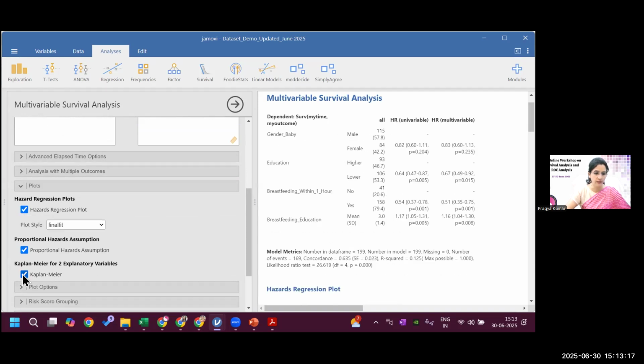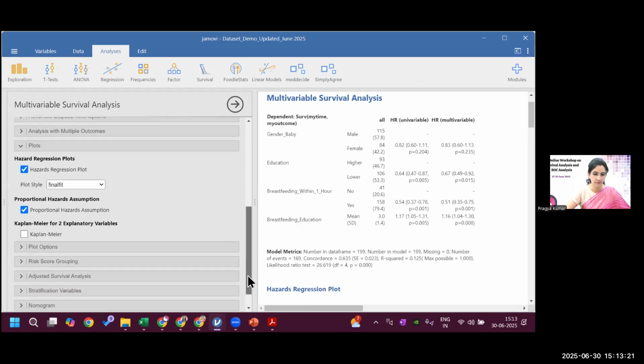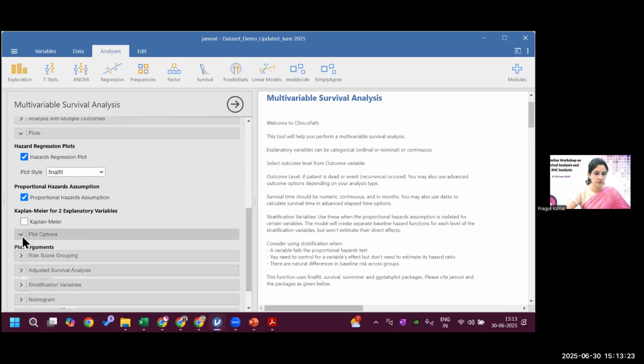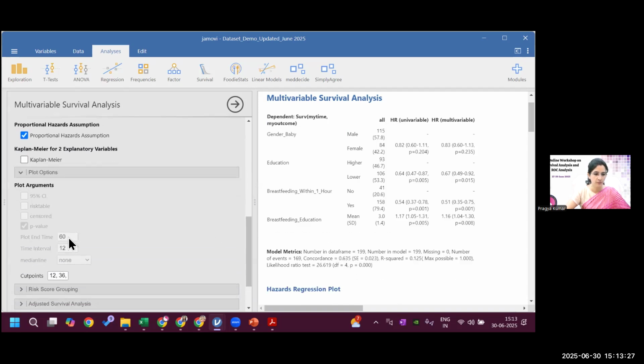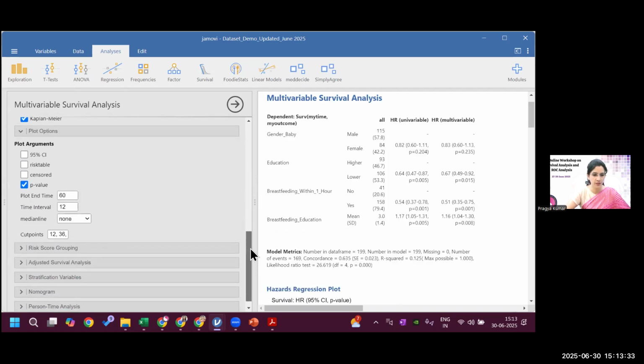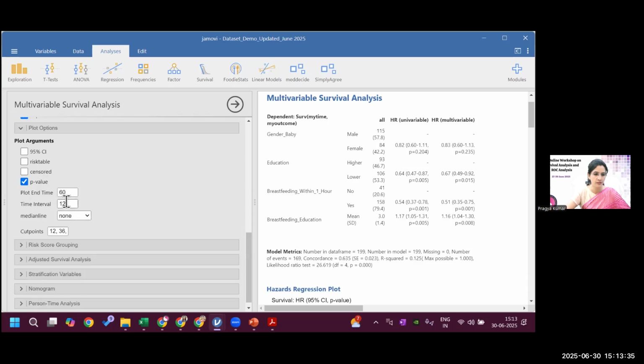You can have this Kaplan-Meier. Kaplan-Meier I'll show later. This is regarding your plot. If you click this Kaplan-Meier, then you have to change it the way we have done, like 180 days.